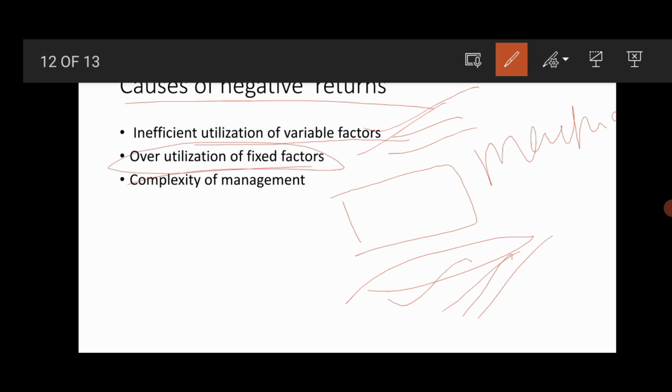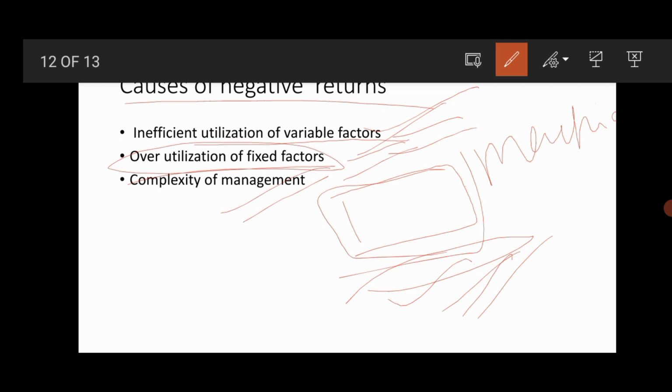Over utilization of fixed factors. As we can see, the fixed factors will be utilized highly, and now they don't have many fixed factors. They can't go for increasing fixed factors. They have to work with the fixed factors which they have. Then complexity of management.